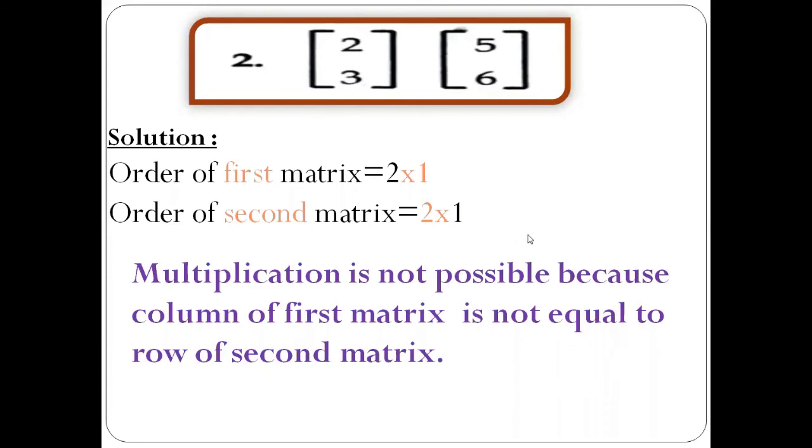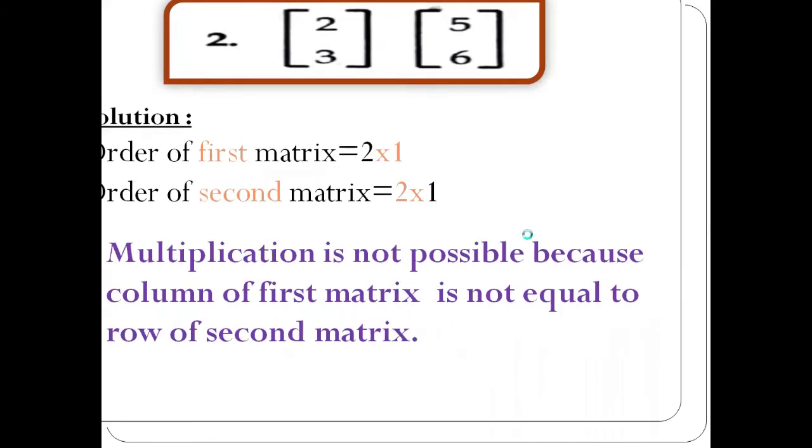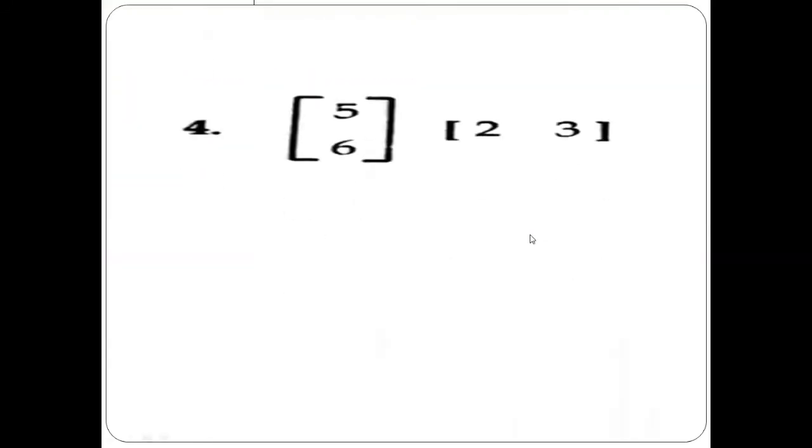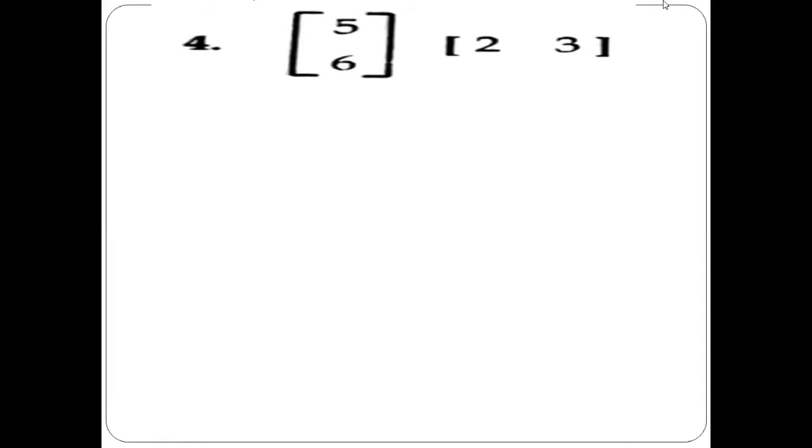Now I am moving towards the next question of your textbook, question number 4. The order of the first matrix is 2 rows, 1 column.